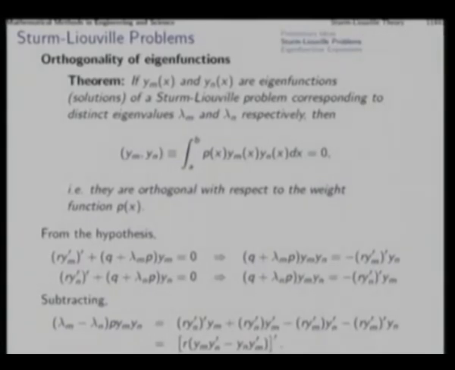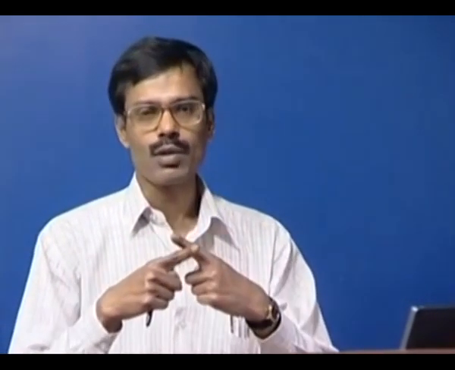Similar is the situation of the algebraic eigenvalue problem of the symmetric matrix, when we took the two eigenvectors corresponding to distinct eigenvalues and found the two eigenvectors must be orthogonal. Similar is the case here.